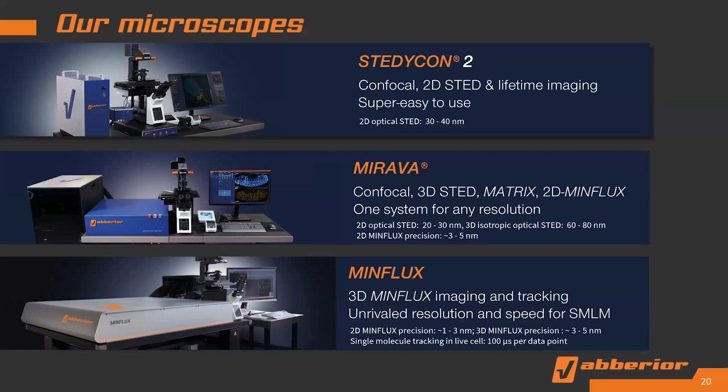At any time, it's 2D optical raw STED resolution of 30 to 40 nanometers, without any post-processing. Optical raw data, 30 to 40 nanometers. Anytime you test with beads, it's like that. In the middle is the Abberior MIRAVA. It's a combination of all the modules from us.